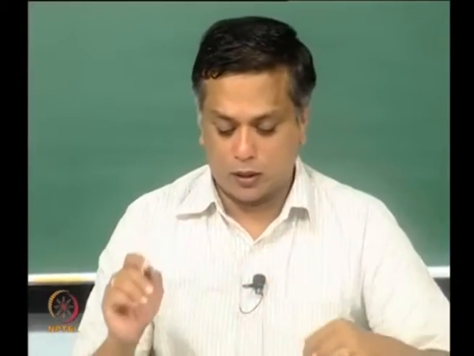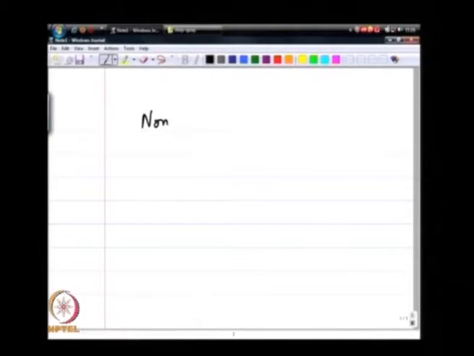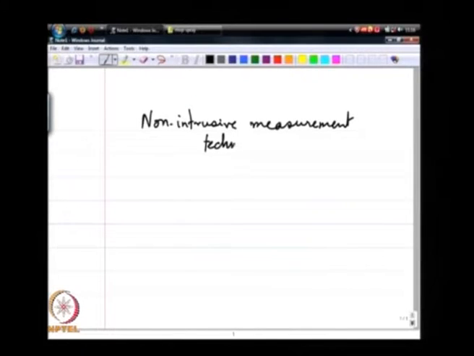Okay. So, we will learn a little bit about non-intrusive measurement techniques.